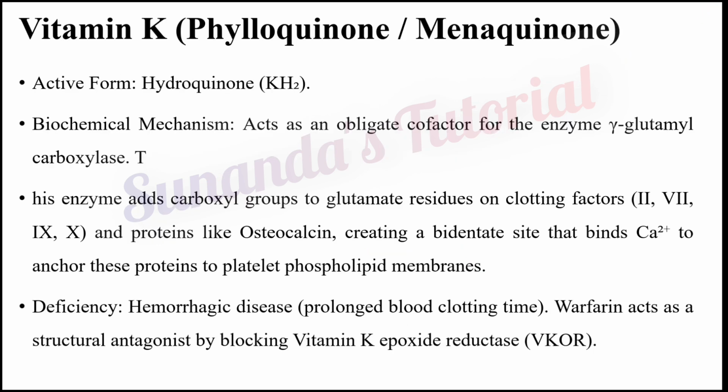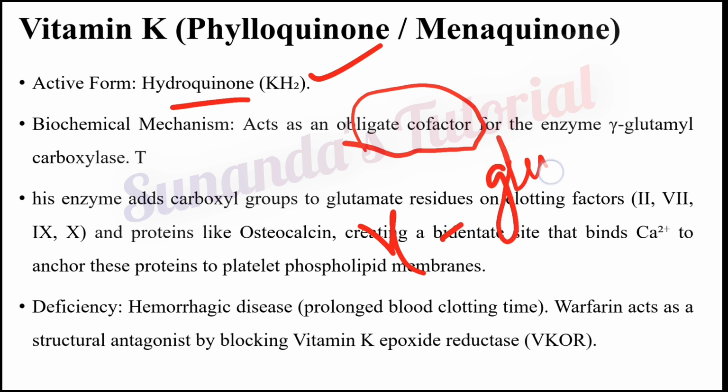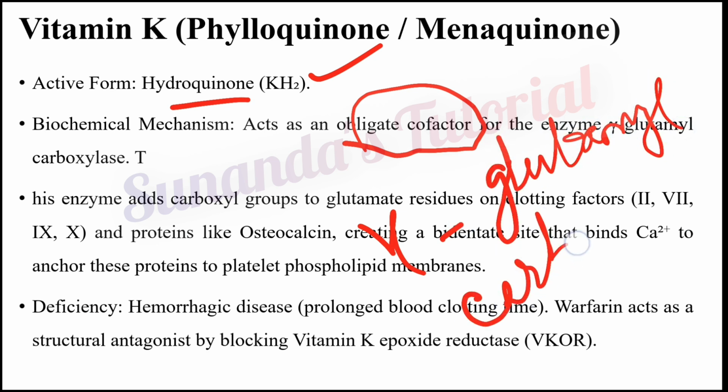Next one is vitamin K, phylloquinone or menaquinone. The scientific name of vitamin K is phylloquinone or menaquinone, and the active form is hydroquinone. Biochemical mechanism: it is an obligate cofactor for the enzyme gamma glutamyl carboxylase.